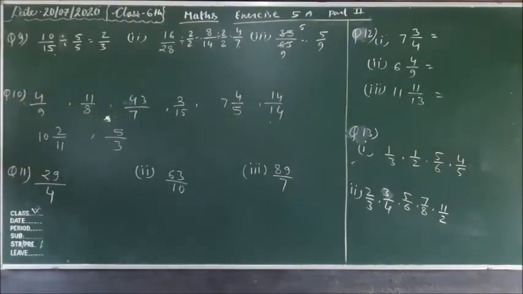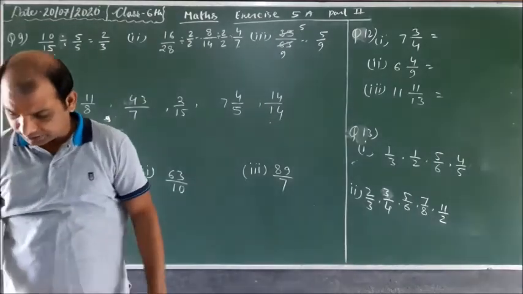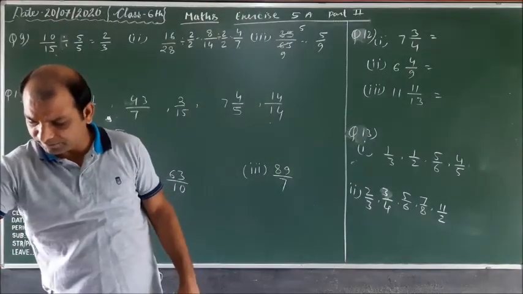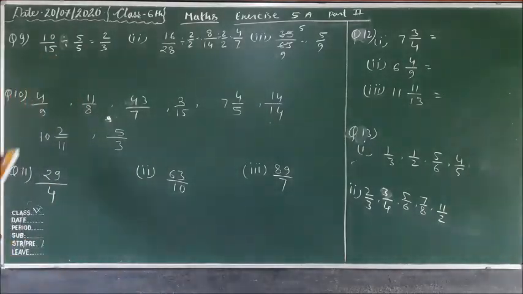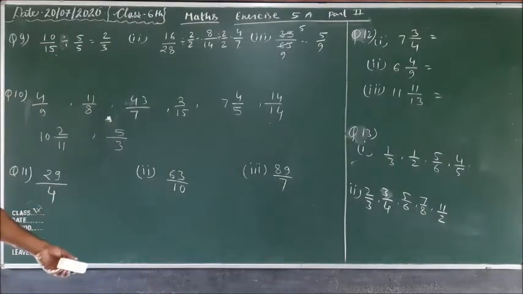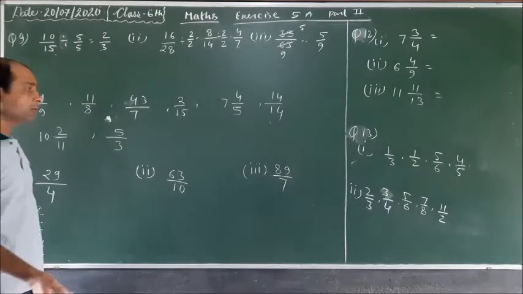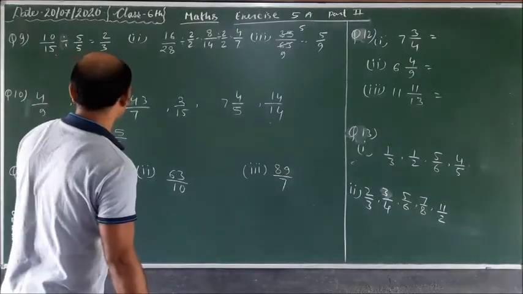Now question number 10. Question number 10 is to classify as proper fraction, improper fraction and mixed fraction. Dear children, what is a proper fraction, what is an improper fraction and what is a mixed fraction? I told you when we started the chapter.